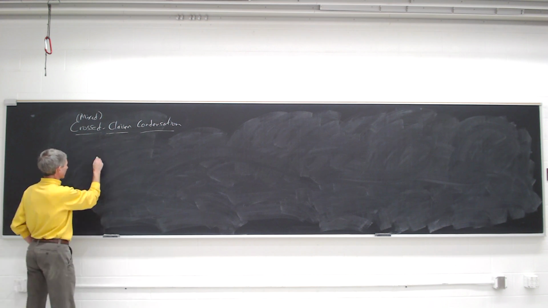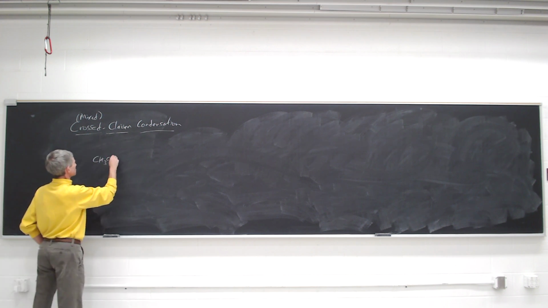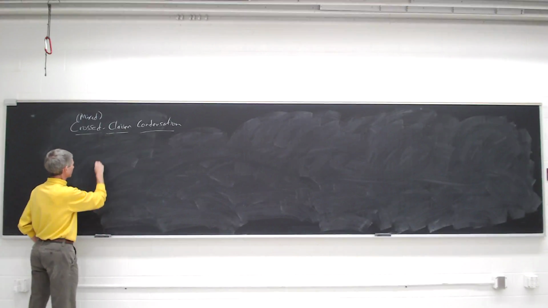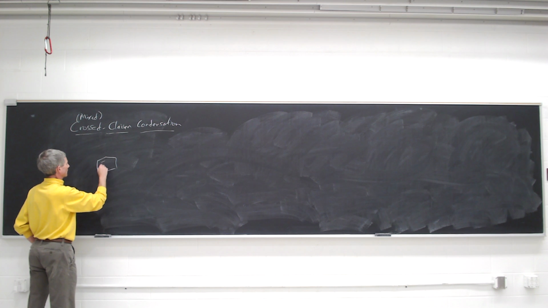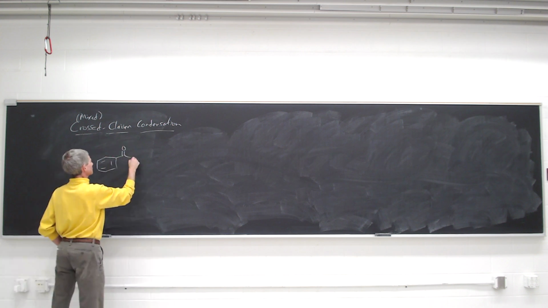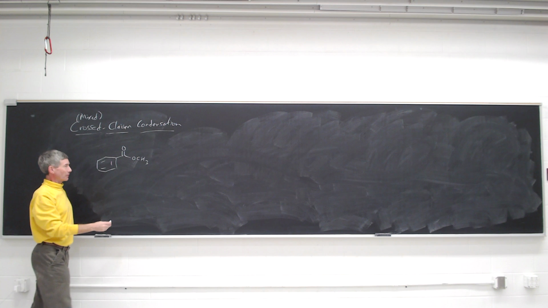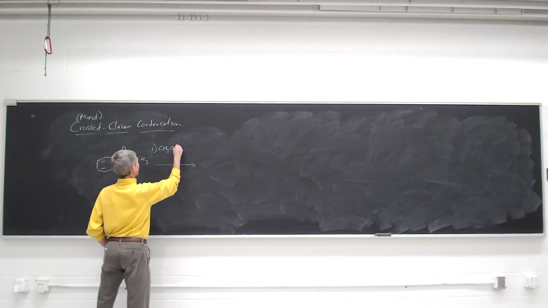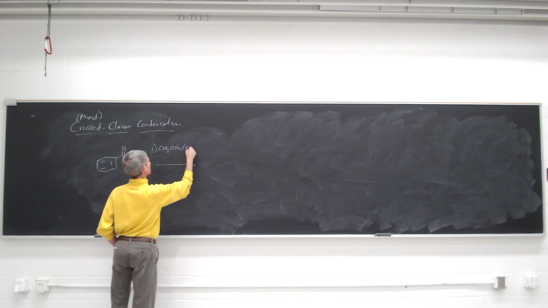So to write the whole reaction out, we start with methyl benzoate, we add sodium methoxide and methanol.